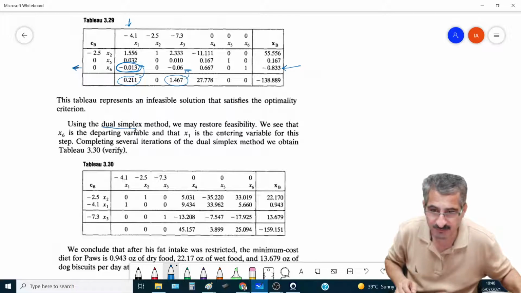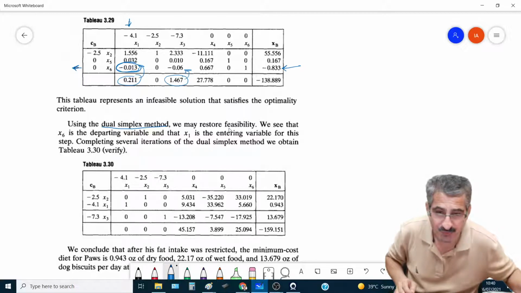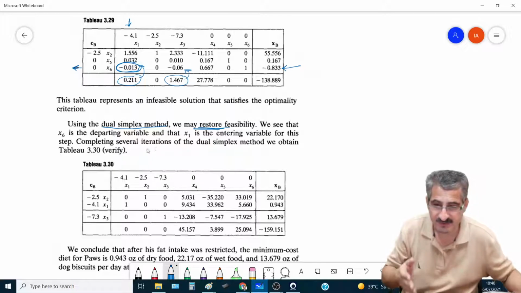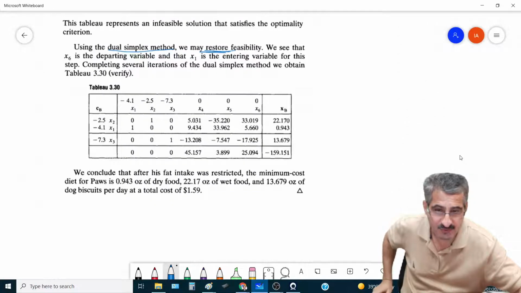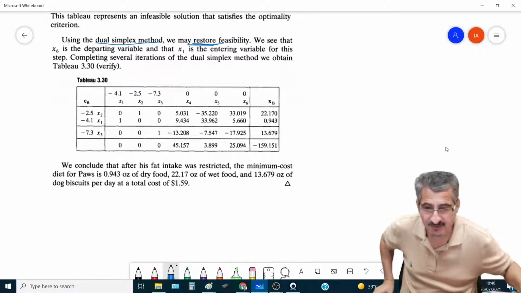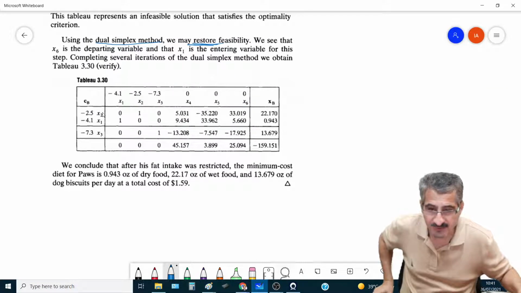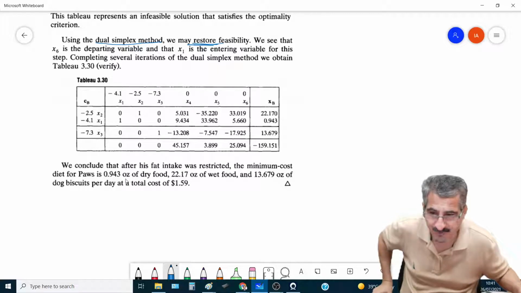Now using the dual method, we may restore feasibility, and this is what I have just said, and then we get this new solution, and then we are done. So x2 is the dry food, right?